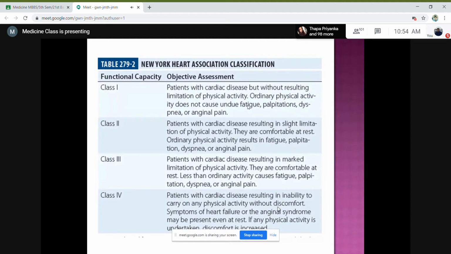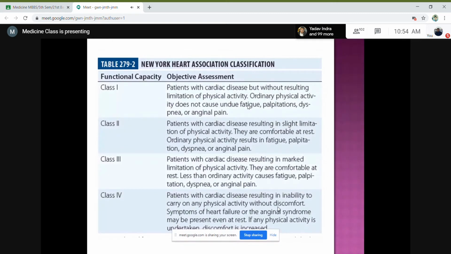They are comfortable at rest, but less than ordinary activity causes fatigue, palpitation, dyspnea, or anginal pain.